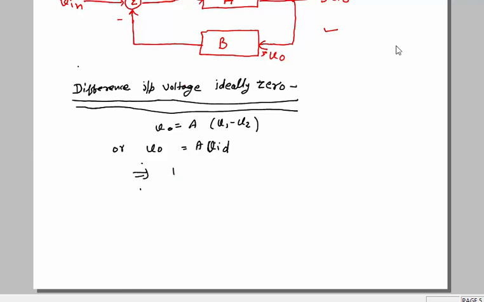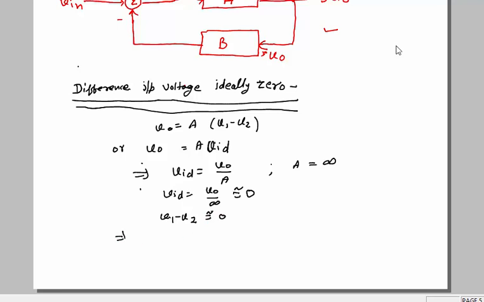So it means VID equals V0 by A. Now since A is very large, ideally infinite, VID will be V naught by infinite, which is approximately equal to 0, because if we divide anything by infinite it becomes 0. So we can say that VID is 0, so V1 minus V2 is also approximately equal to 0.